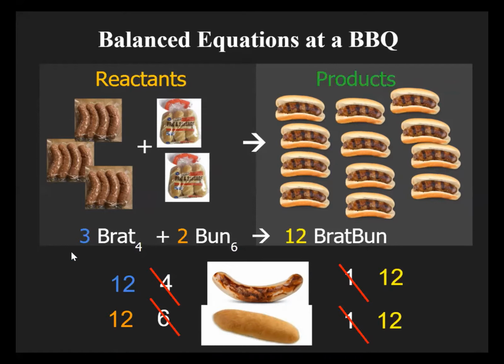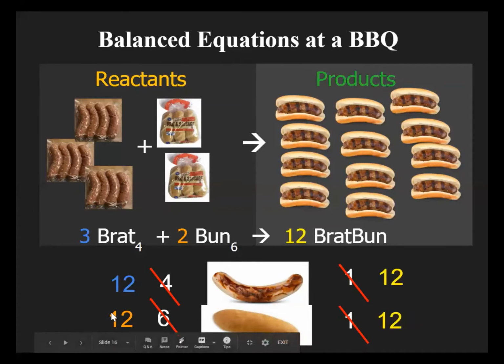That doesn't change, but I changed the number of packs I take, and I changed the number of bags of buns. And so I have 2 bags of buns. And do you notice that 2 bags with 6 of them is 12 total buns on this side?